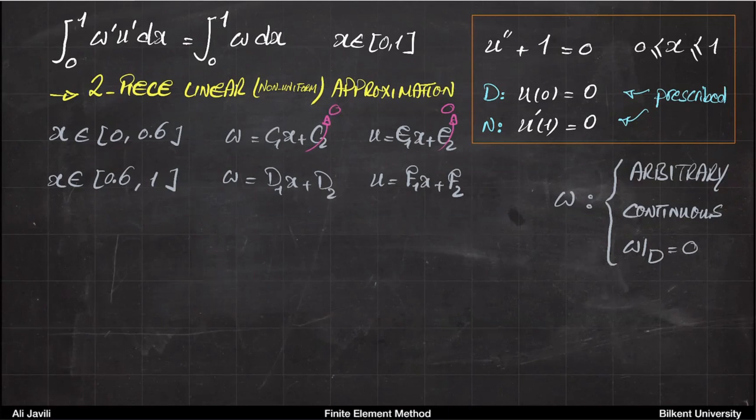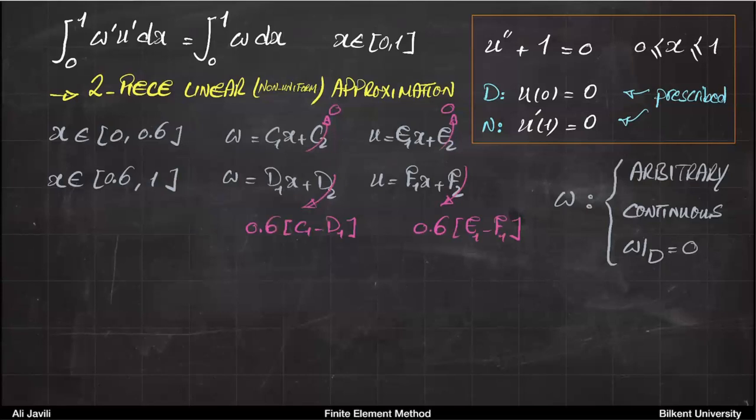Then if you impose the continuity condition for the W at 0.6, you can calculate D2 to be 0.6 times C1 minus D1. And the same holds for F2. So F2 is 0.6 times E1 minus F1.